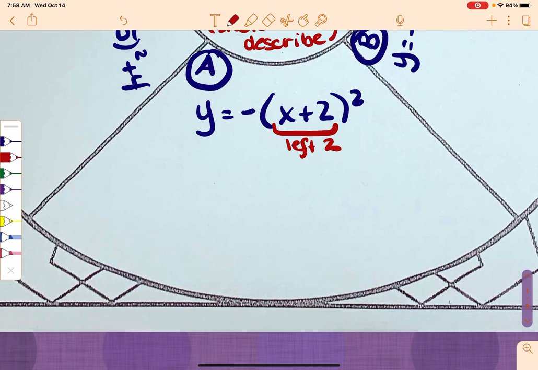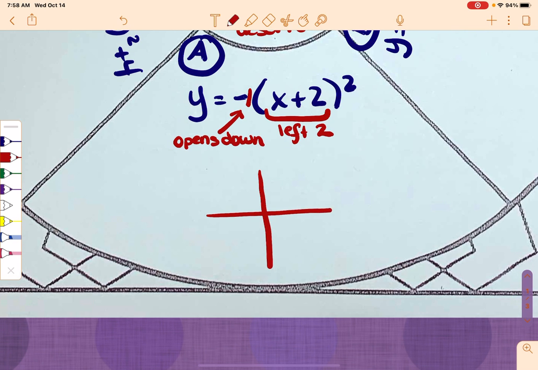Now here's what's going to be different about all of these: this number out in front. There's no number there. So even though there's a negative, there's no number, so we have to assume it's 1. So it's negative 1 in the front. So that means that it opens down. It's not so important that it's 1, but if it's a negative number at all, it's going to open down.